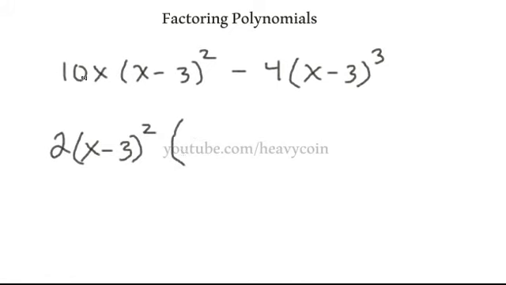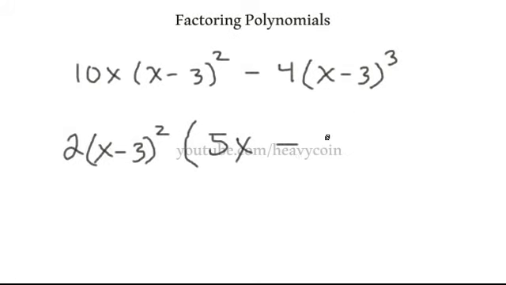And so if I pulled a 2 out of 10, we are left with 5x minus pulling a 2 out over here. Okay, I have to go back and erase that. We're going to be left with an x minus 3 here because we pulled out 2 of them, but we're still going to be left with 1.